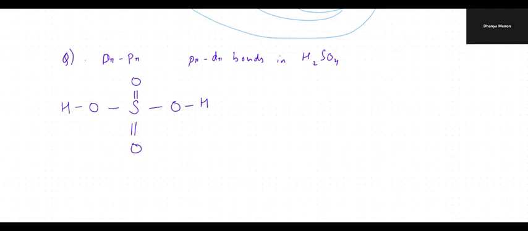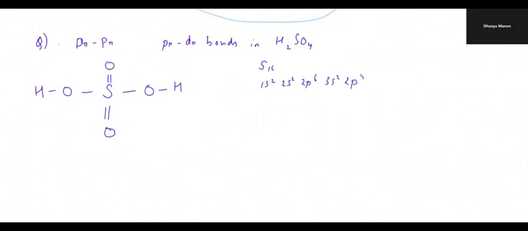We write the configuration of sulfur, that is 16, 1s2, 2s2, 2p6, 3s2, 3p4. Drawing, we don't need the inner orbitals, we need only from 3s. This is 3p, 1, 2, 3, 4.